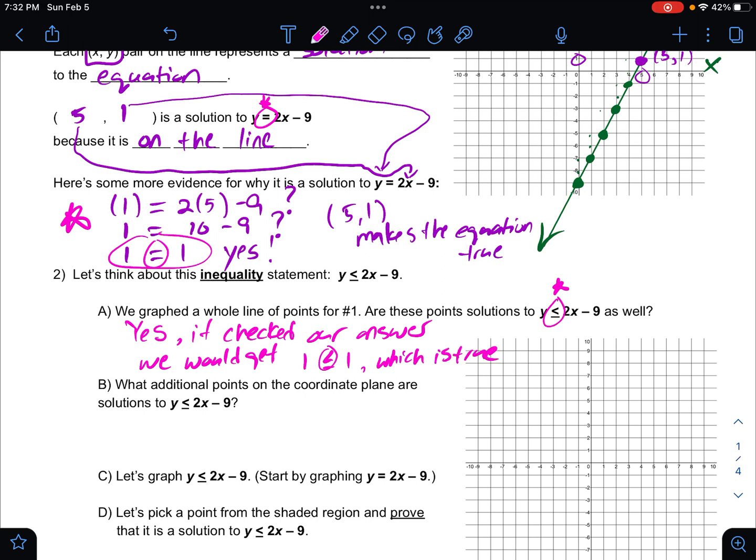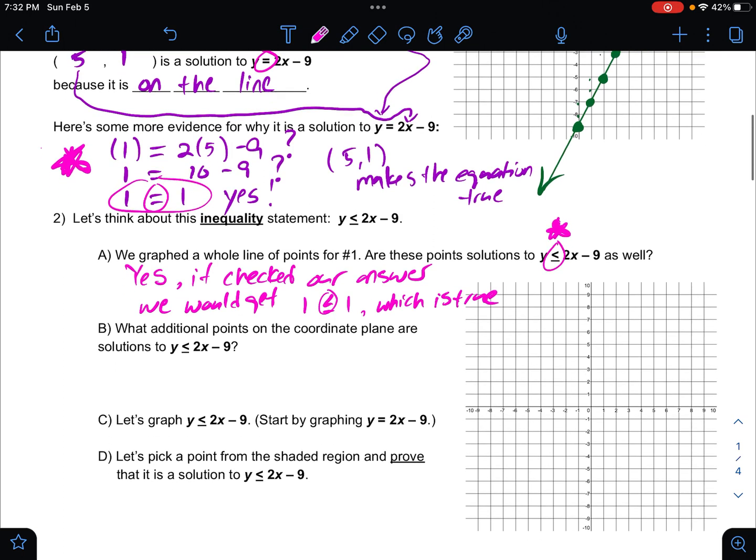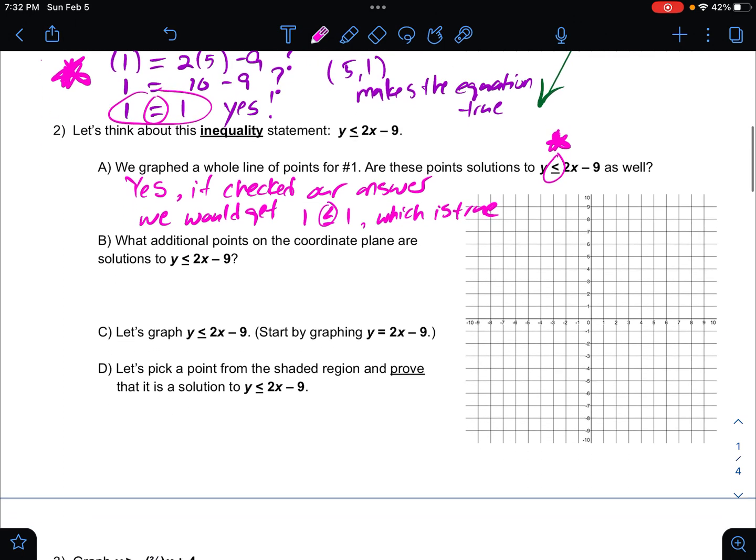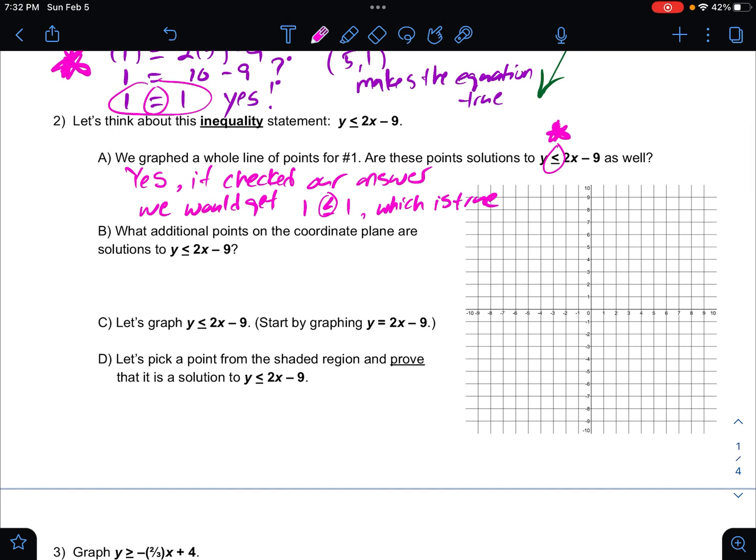So 5(1) is a solution to the equation back up here, but it's also a solution to this inequality down here. Okay? So in fact, that means any points on the line are solutions.